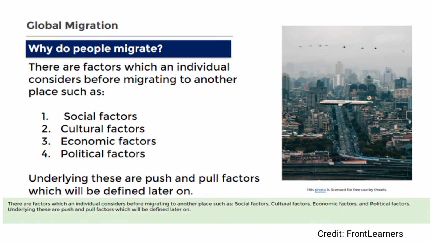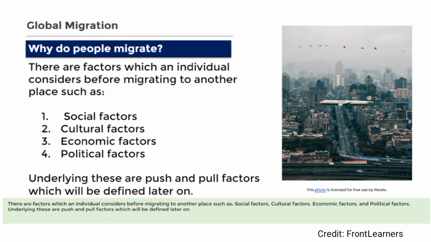Why do people migrate? There are factors which an individual considers before migrating to another place, such as first, social factors, second, cultural factors, third, economic factors, and fourth, political factors.